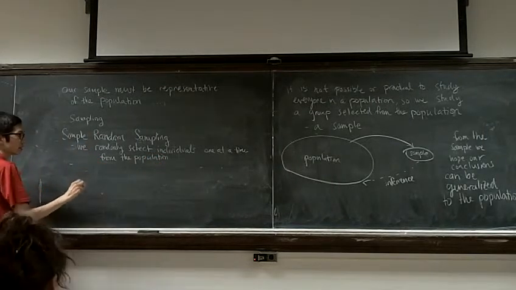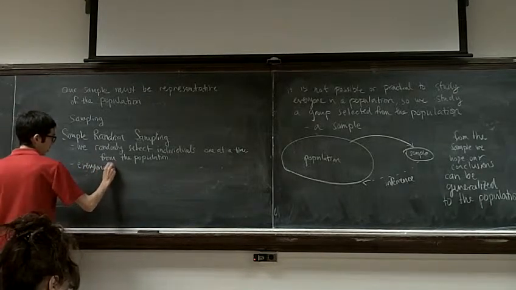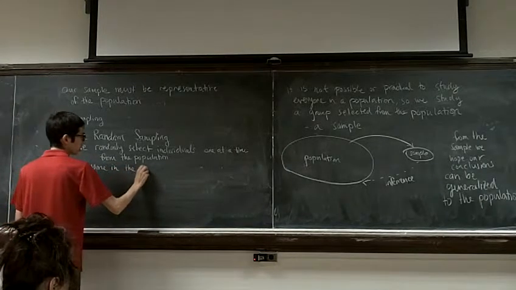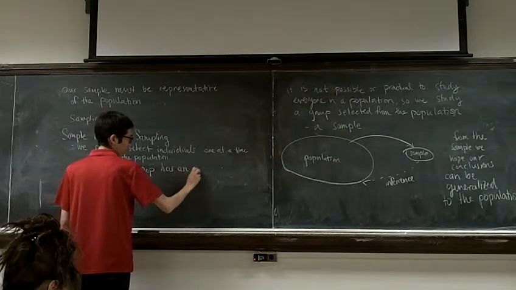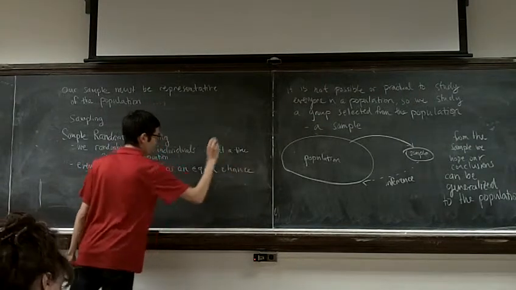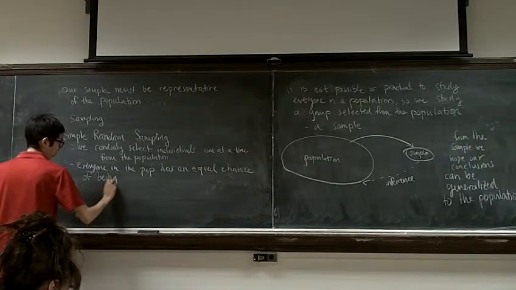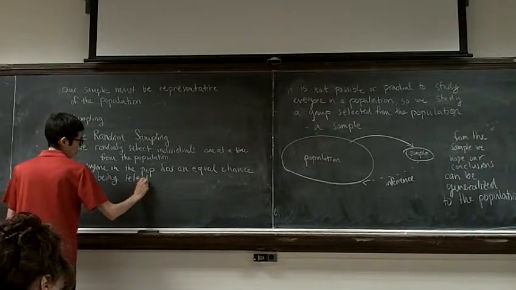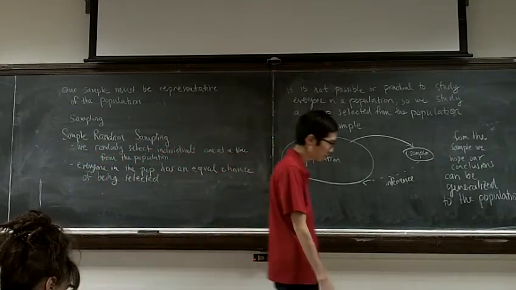The key idea is that everyone in the population has an equal chance of being selected. Okay, and that's simple random sampling.